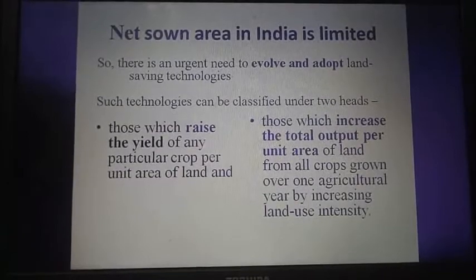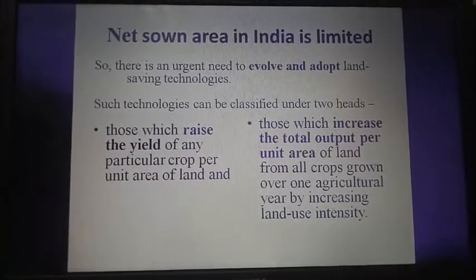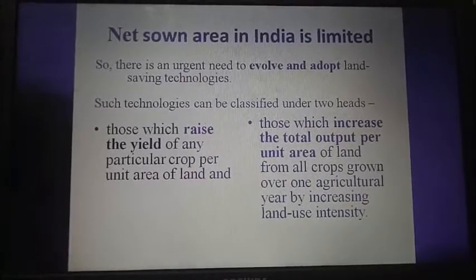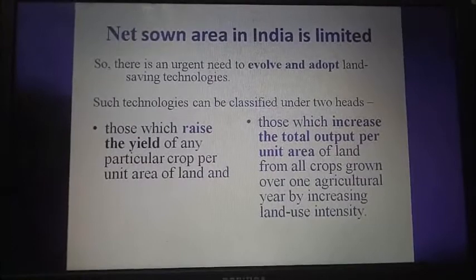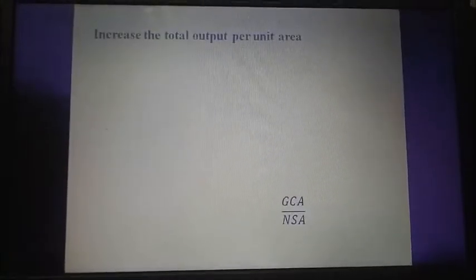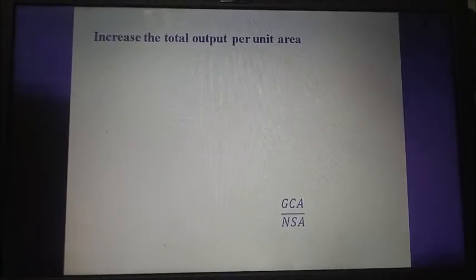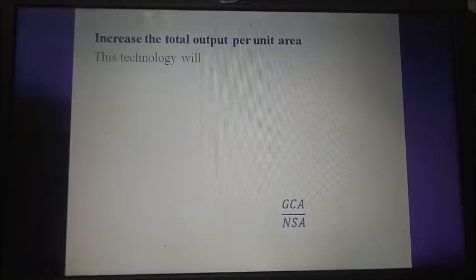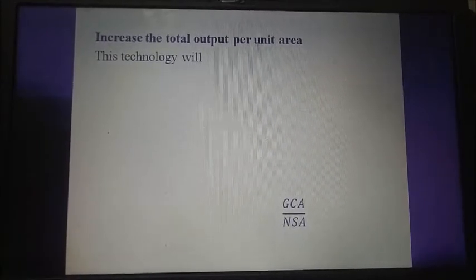What, according to you, should be a better method to increase the output? It is, I think, basically to increase the total output per unit area of land from all the crops. Now, increasing the total output per unit area is the best method. What will happen if we adopt this technology?